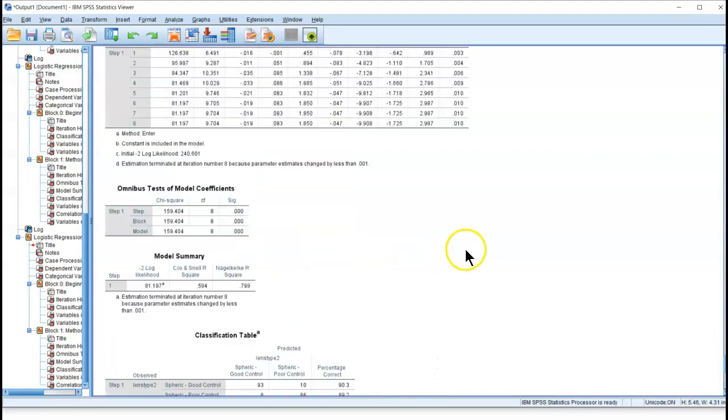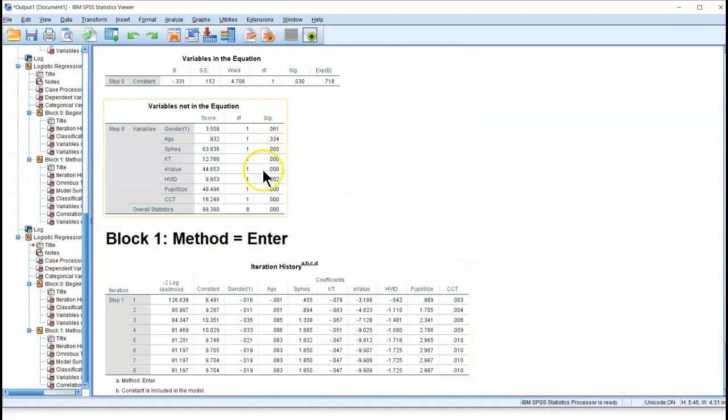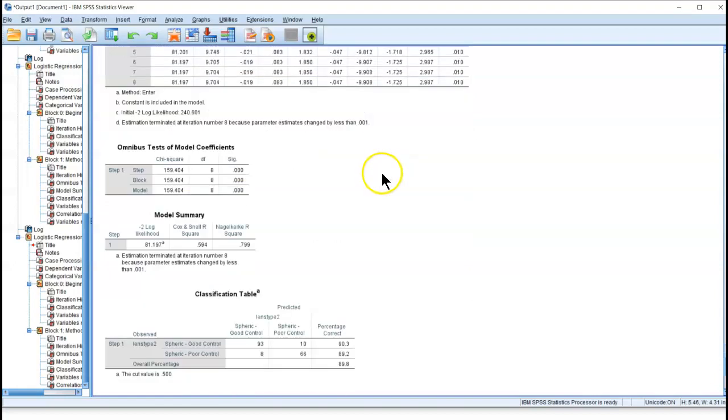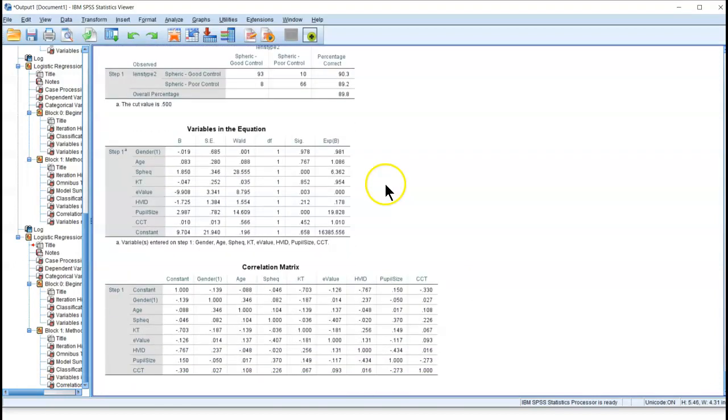Now remember up here in step 1, independently, everybody was significant except for age and maybe gender. Down here, looking at the variables that stayed in the equation after we considered the context of everybody else, we definitely lost gender, we lost age, we kept spherical equivalent, we lost keratometry, we gained eccentricity, we lost HVID, we kept pupil size, and we lost CCT, central corneal thickness.